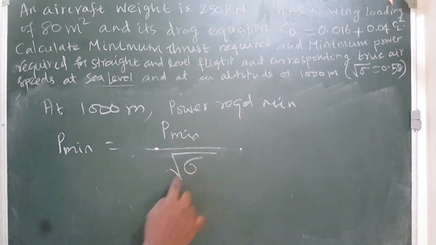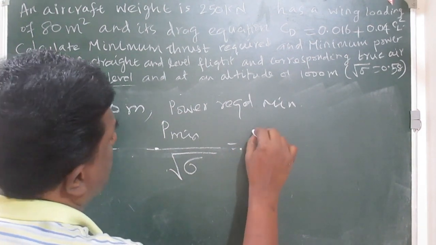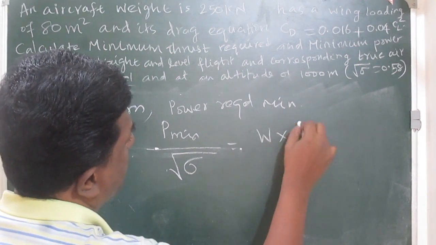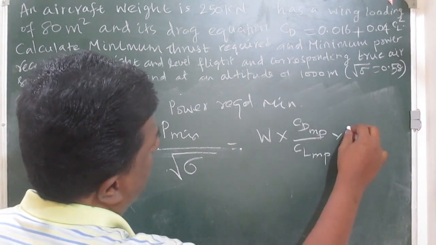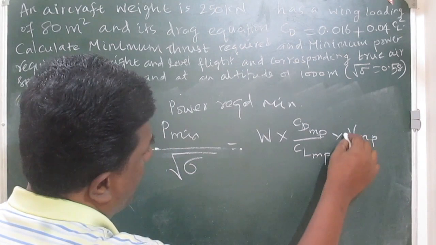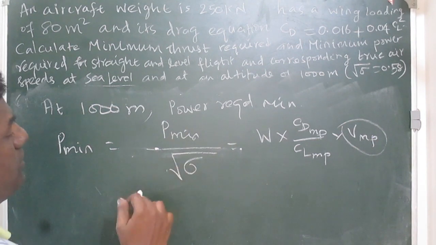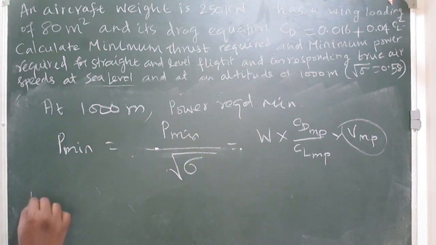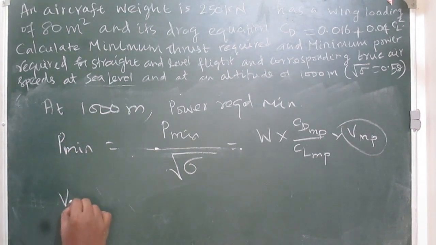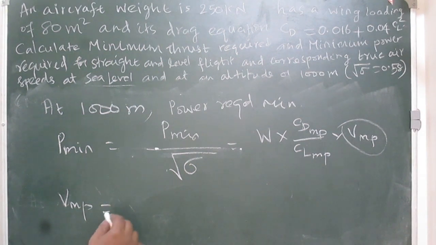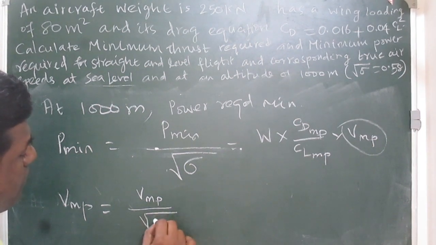If we substitute this, because power required minimum we all know is W into CD minimum power by CL minimum power into velocity minimum power. This velocity minimum power will be different at 1000 meter. It is nothing but the velocity minimum power at sea level divided by root sigma.